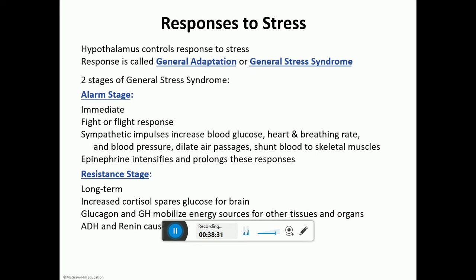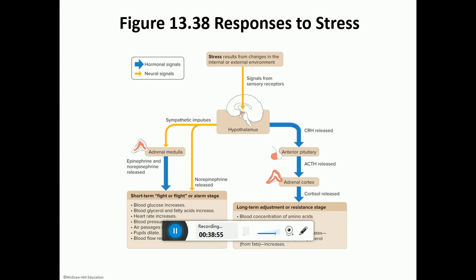There is also the resistance stage, and that is when you've got long-term stress, and that leads mainly to the release of cortisol, and that leads to all of the side effects of prolonged exposure to cortisol, for example, becoming diabetic and hypertensive. Here is a diagram that shows that.